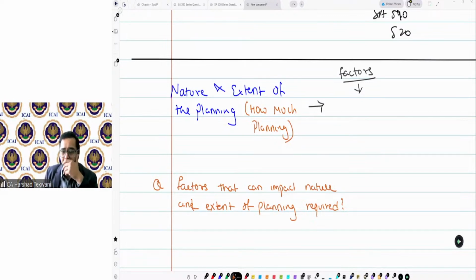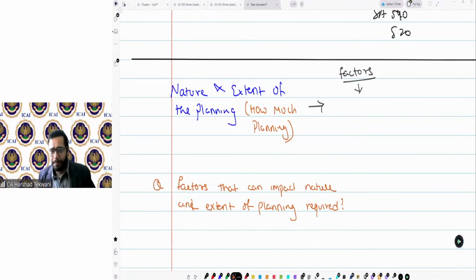Come on, guys. If I ask you, what are the factors that can impact the nature and extent of planning required?